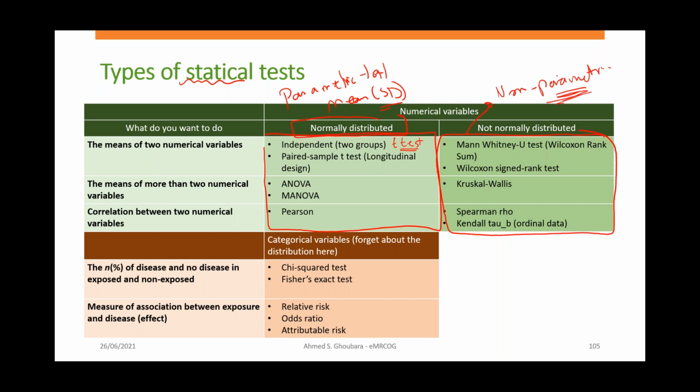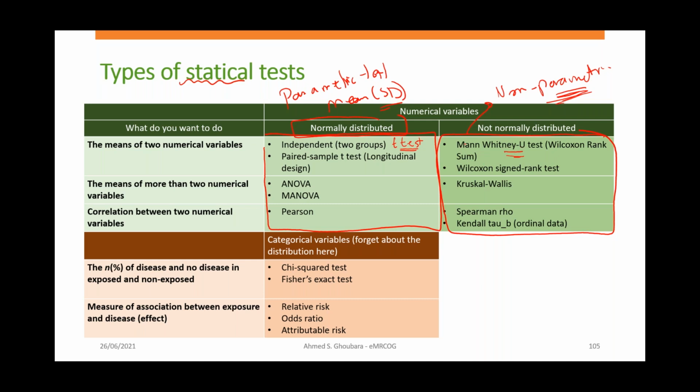Non-parametric test, yes. Like the Mann-Whitney U test, sometimes called Wilcoxon rank sum. Yeah, I know, silly, complex names, but there are so many scientists in statistics, and all the tests in statistics are eponyms, named after somebody. Wilcoxon rank sum, same as Mann-Whitney test.